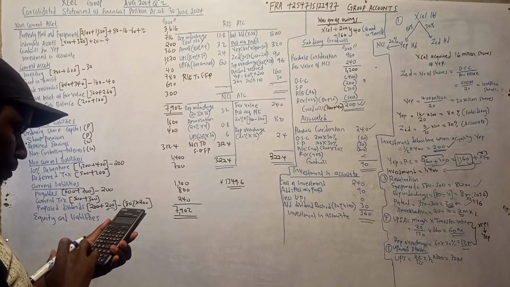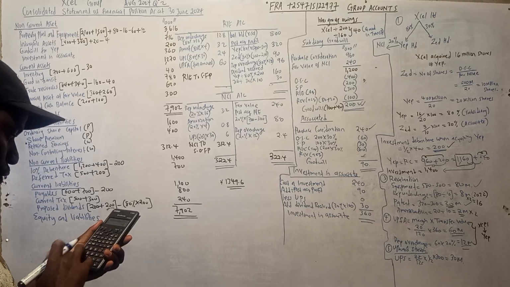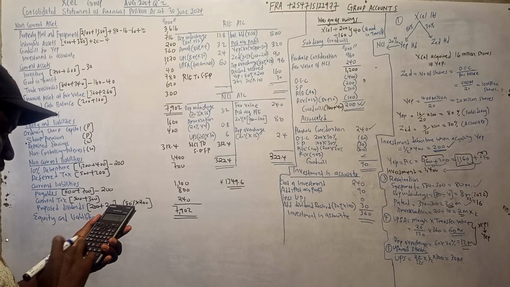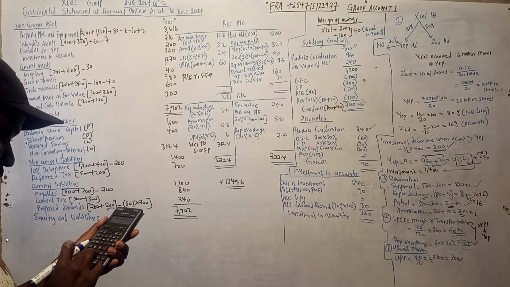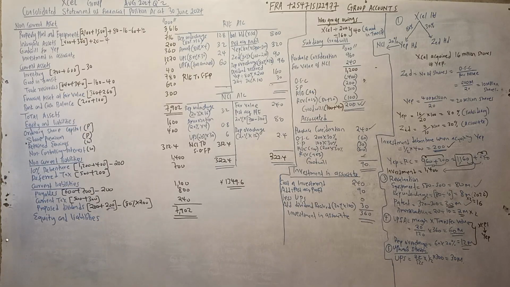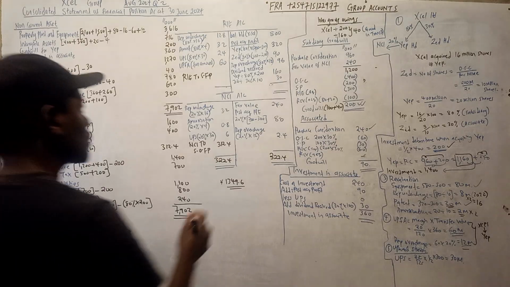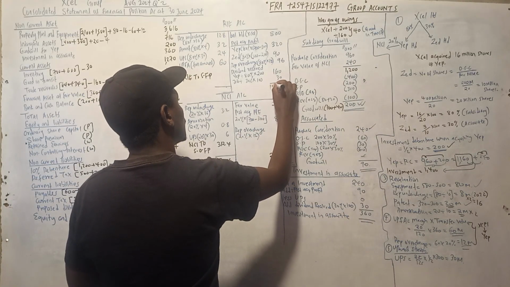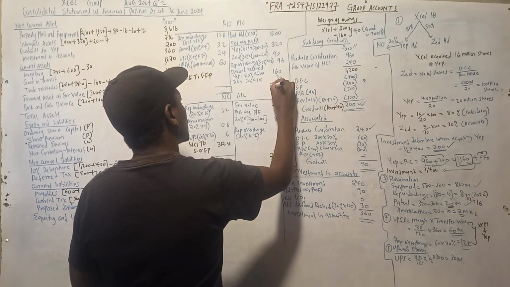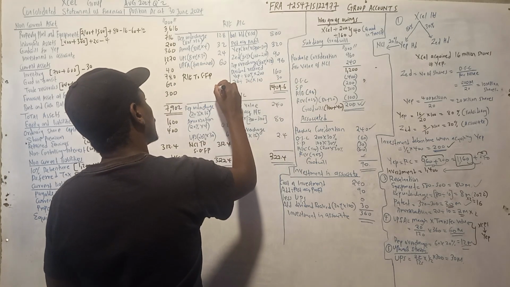So 800 plus 320 plus 90 plus 9.6 plus 160 plus 30. It is supposed to be 1409.6.